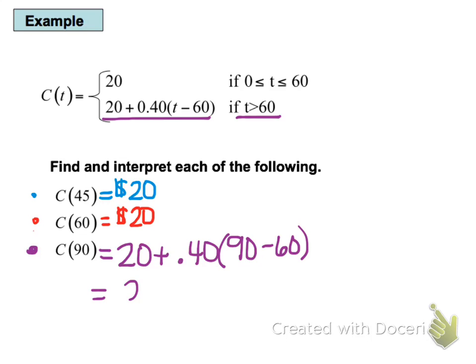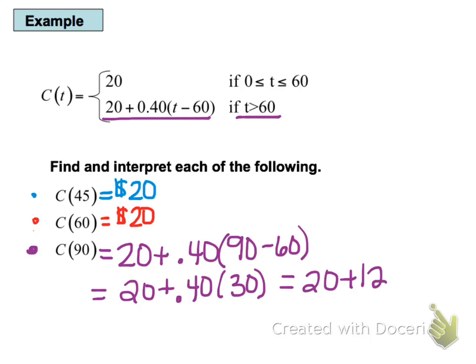So we get 20 plus 40 cents times an extra 30 minutes. So we'll do our little multiplying there. 0.40 times 30 is 12. So we get a total of $32. In this case, I would be paying $32. It looks like an extra $12 just for those 30 minutes.